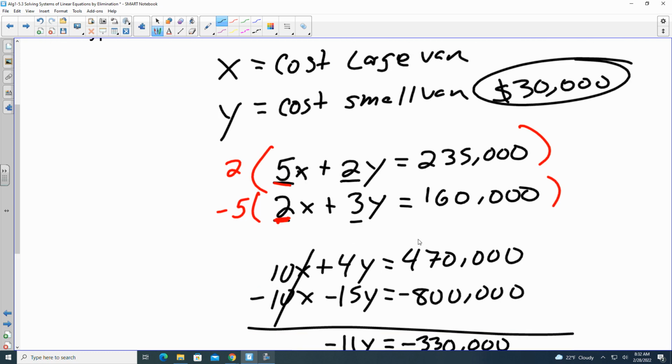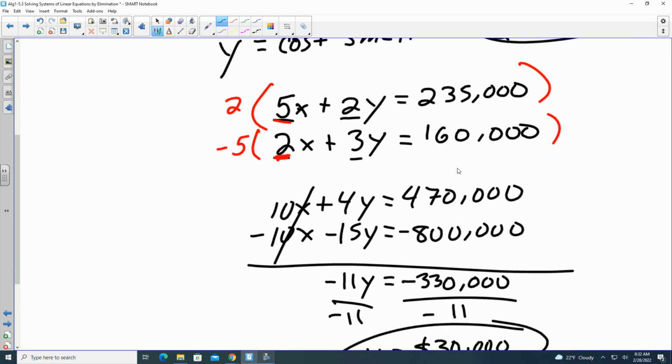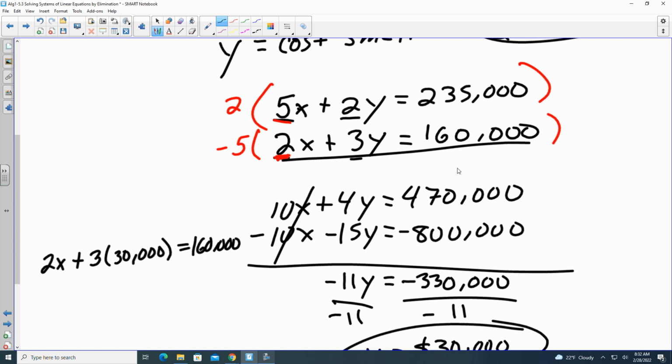Let's see what it's going to cost for the large van. I'll just pick this one. So 2 times x plus 3 times 30,000, because that's my value of y, is going to be equal to 160,000. So 30,000 times 3 is 90,000.